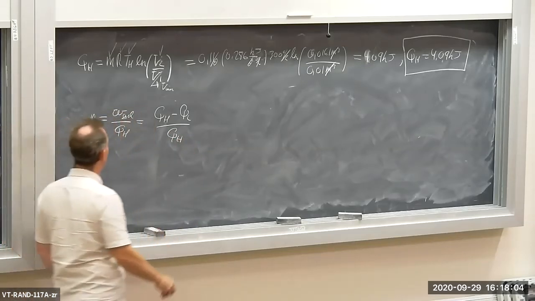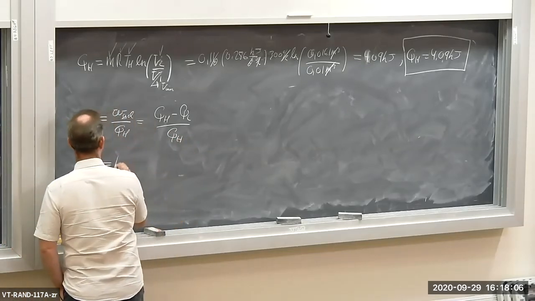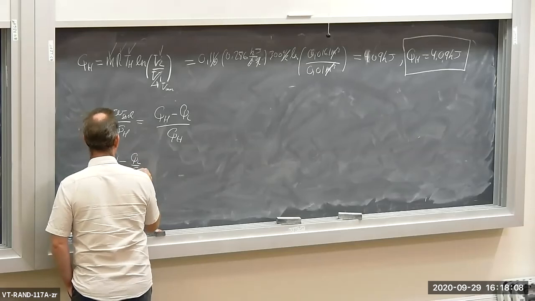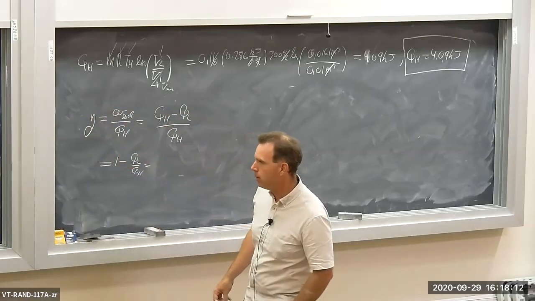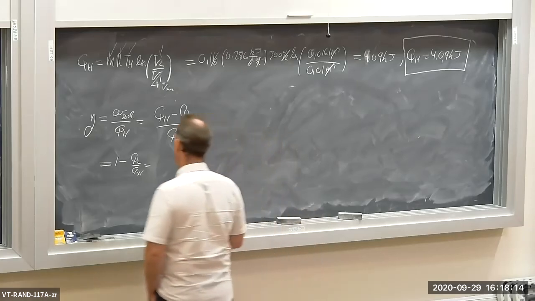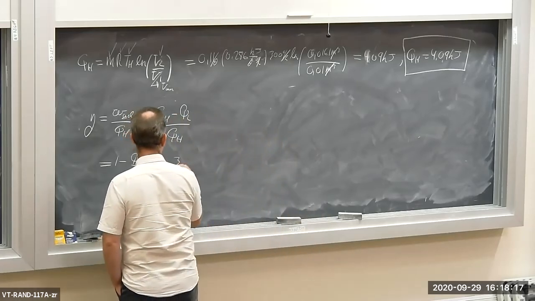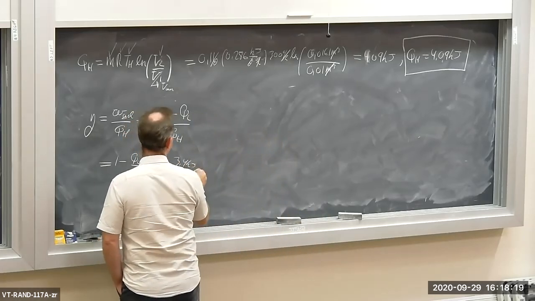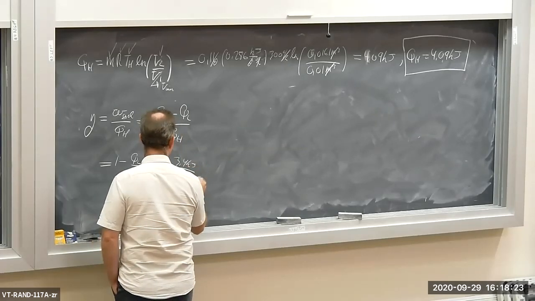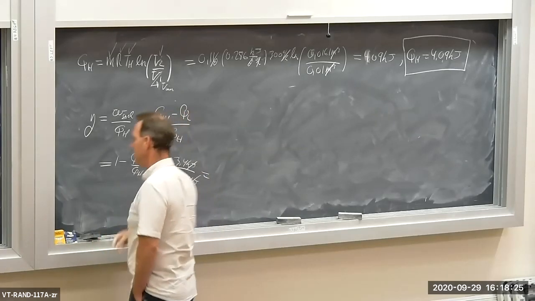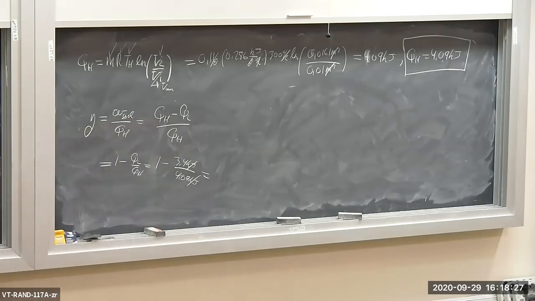And again, we get 1 minus Q low over Q high. Now, Q low is 3.4 kilojoules, and Q high is 4.09 kilojoules. Kilojoules cancel out. Efficiency better be dimensionless.